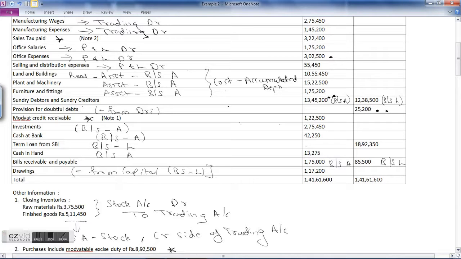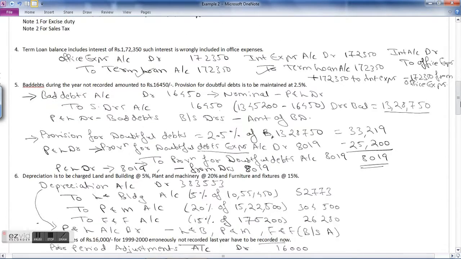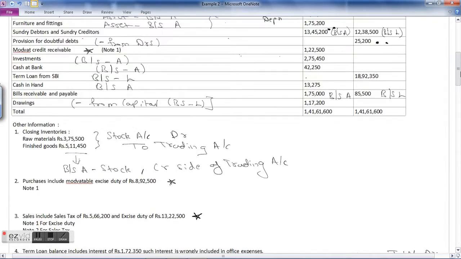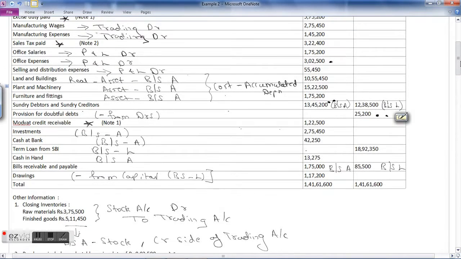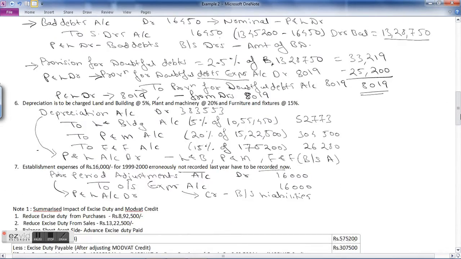Okay, then the next one, depreciation. All the 3 assets, the amount of depreciation will be reduced from all the 3 assets, so we'll mark that in all the 3 assets. Then next is prior period adjustment to outstanding expense, that is fine, you have to create an account.